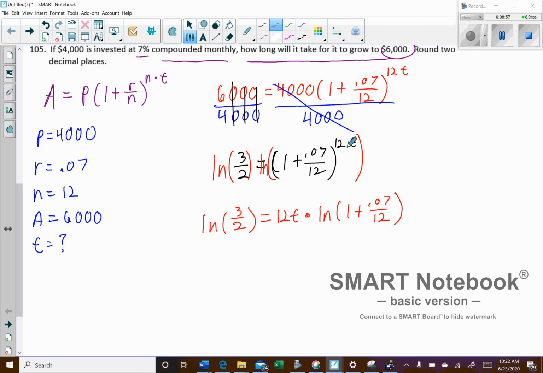So I moved the power out to the front, and from here I should be able to solve for t. I'll divide by the 12, and I'm also going to divide by the natural log of 1 plus 0.07 divided by 12. I have to divide both sides by this. This might be a little tricky when we put it into the calculator, so we want to be really careful how we do that.